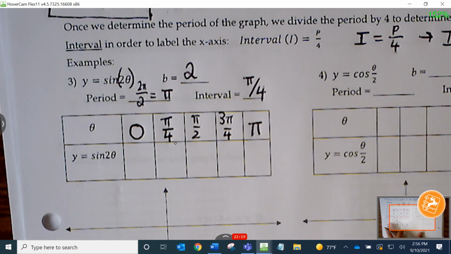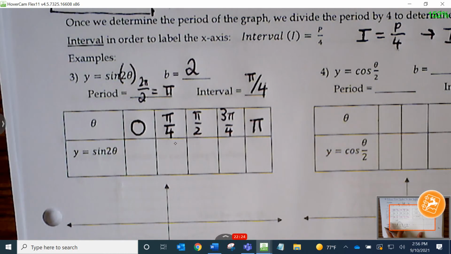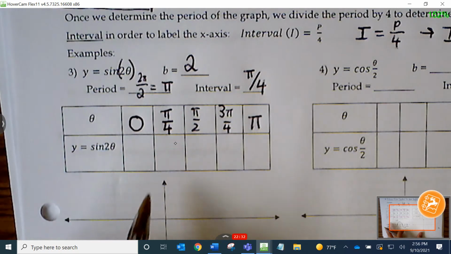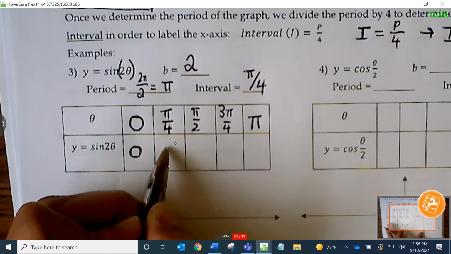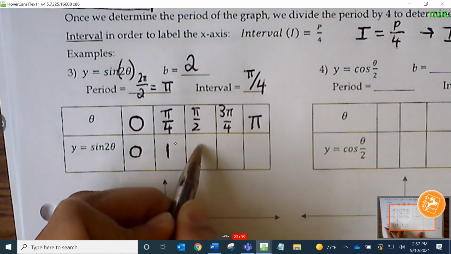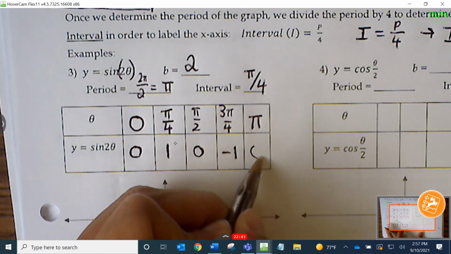Now the nice thing here is that our y value is going to stay exactly the same. Okay? All we need to do is just go through our y values that we've done before. So where does sine start? 0. It rises to a height of 1, goes down to 0, -1, and 0.